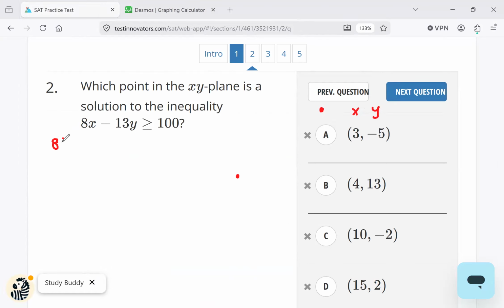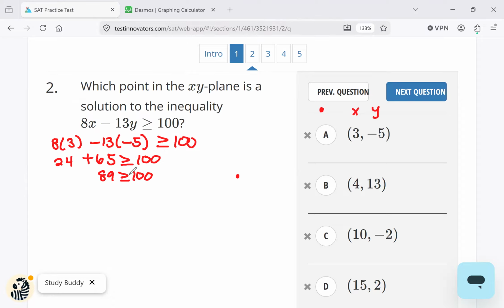I'm going to test that point. 8 times 3 minus 13 times negative 5. 8 times 3 is 24, and we get 89. Is 89 greater than or equal to 100? Completely false.